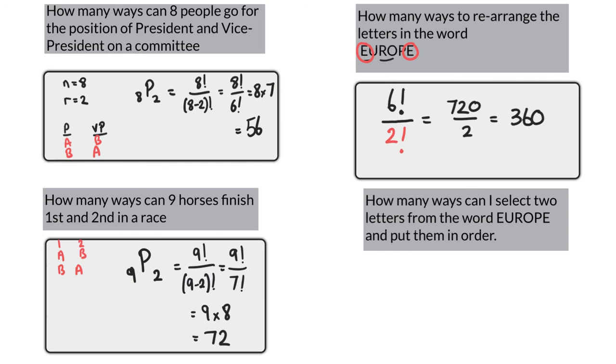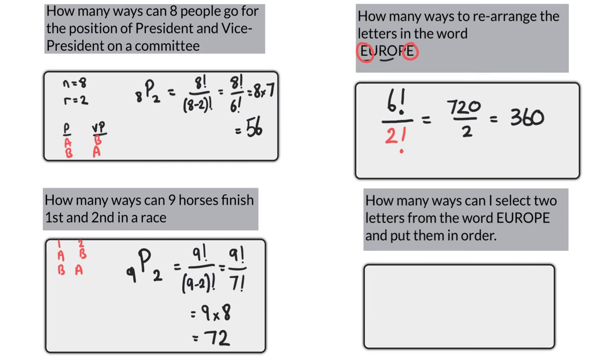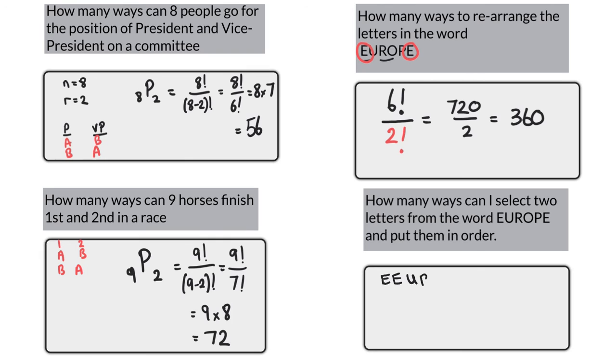And the last question in this type of questions is I'm going to take 2 letters here from Europe and put them in order. So as there's 2 E's, when we put the 2 E's together and then put the other letters like that, we group the E's together. So really we say there's 1, 2, 3, 4, 5 letters, and we're choosing 2, so it's 5P2.